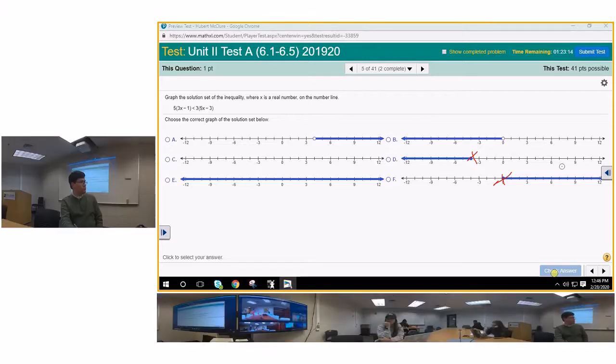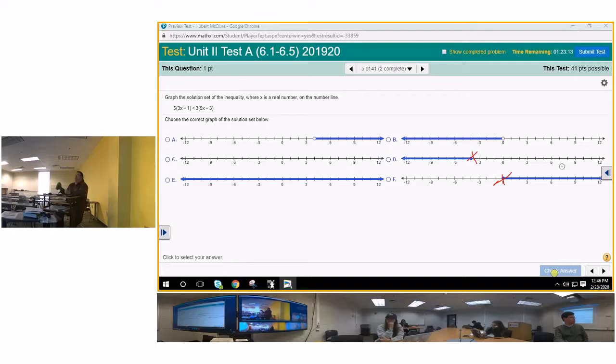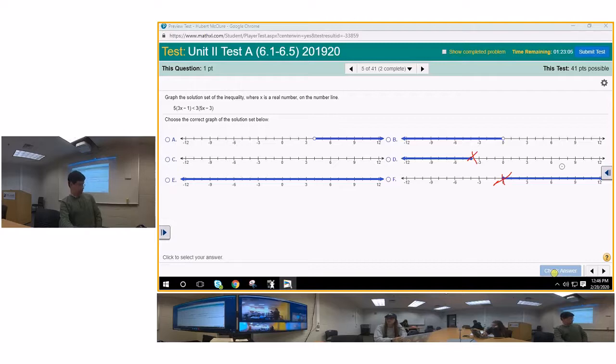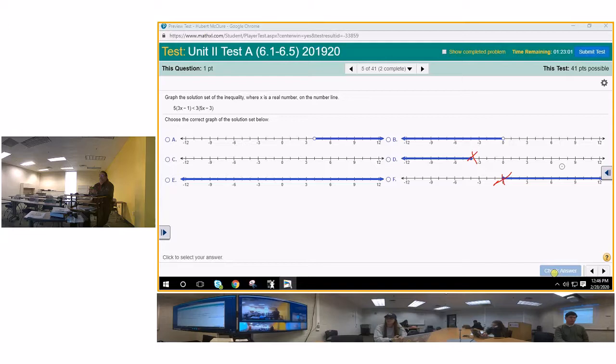Somebody tell me, why can't it be Delta or Fox? Because it's exclusive? Inclusive. Good job, because the question is exclusive and the closed dots are what? Inclusive. You're the one that listened.